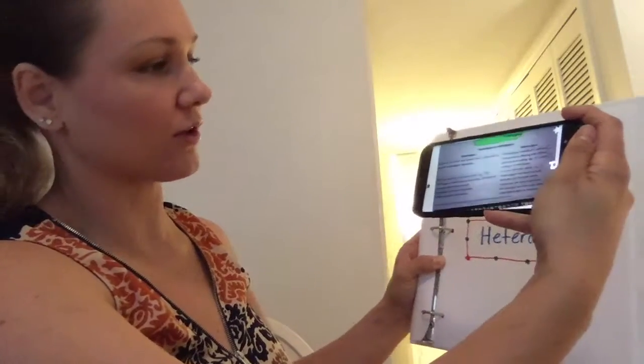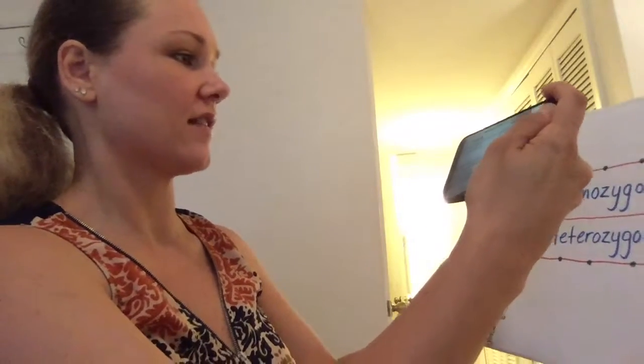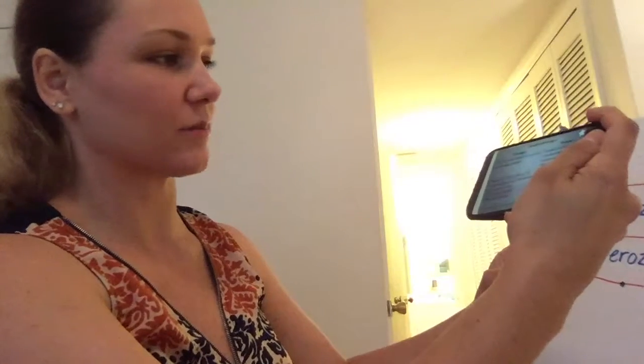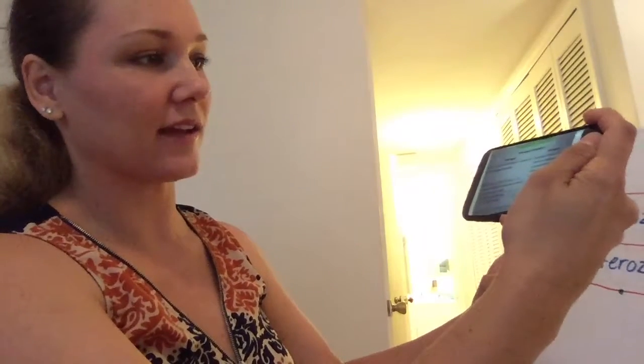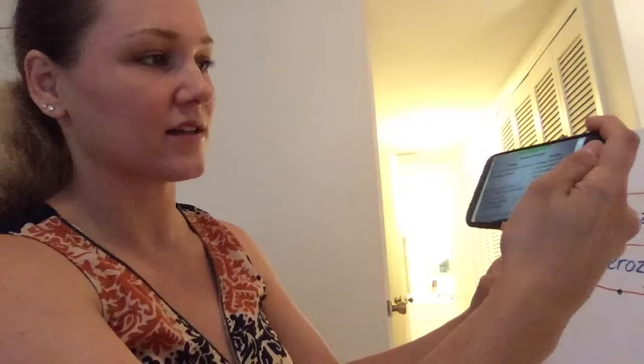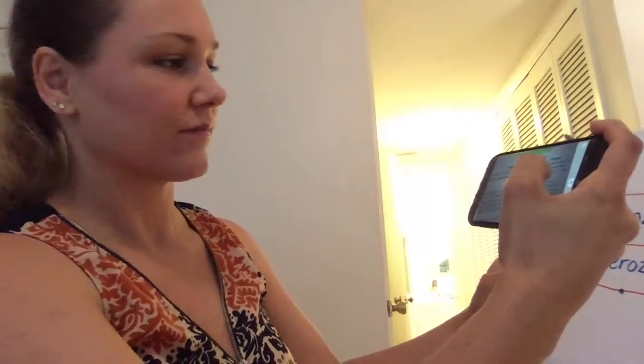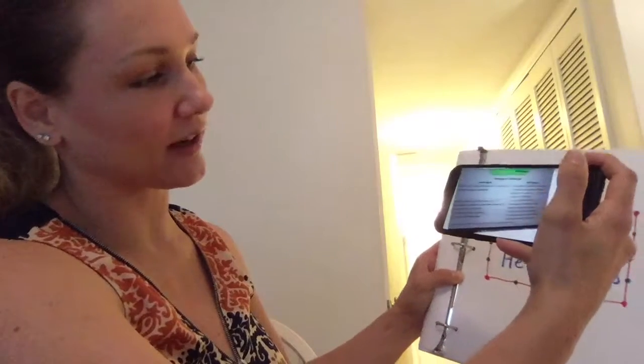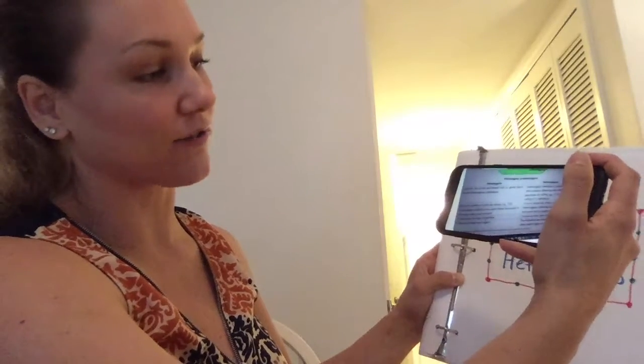I can see that homozygous is a pure trait and heterozygous is seldom pure. I can either go to this website or just take notes off of this chart here.